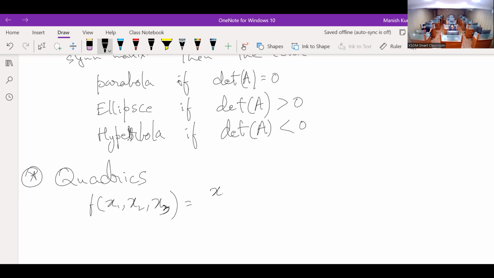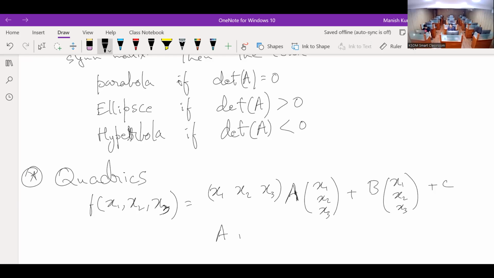So you can write it as (x1, x2, x3) times a 3x3 matrix A times (x1, x2, x3) transposed, plus some row matrix B times (x1, x2, x3) transposed, plus some constant C.